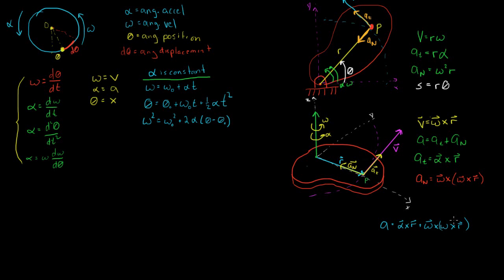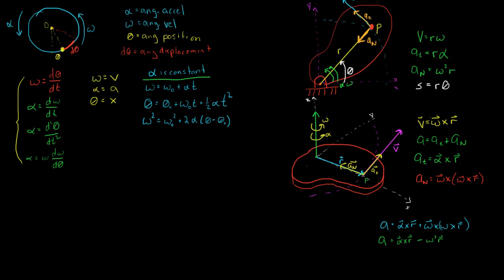I think I will make another video going through the math of all this, but just trust me on this. The acceleration goes to the angular acceleration crossed with the position vector, and this becomes a minus omega squared times the position vector r. And this becomes what our acceleration is equal to.